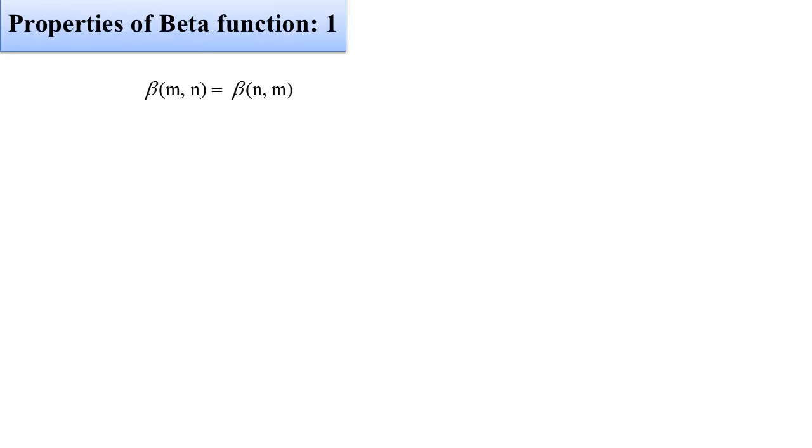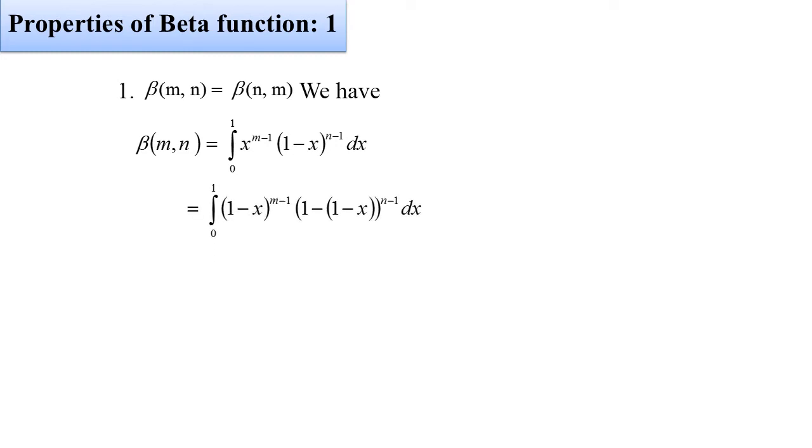Next we talk about the properties of the beta function. The first property: beta(m,n) is equal to beta(n,m). How do we prove this? We have beta(m,n) equal to the integral from 0 to 1 of x to the power m minus 1, times 1 minus x to the power n minus 1, dx. This is the formula of the beta function. Here we put x equal to 1 minus x. So we get 1 minus x to the power m minus 1 and x to the power n minus 1, dx.